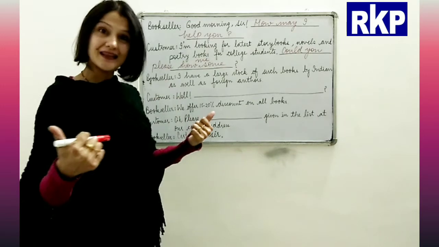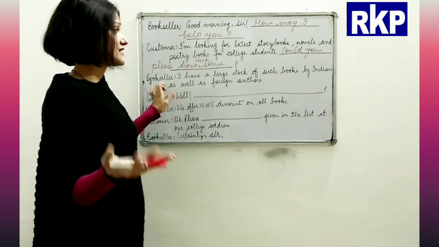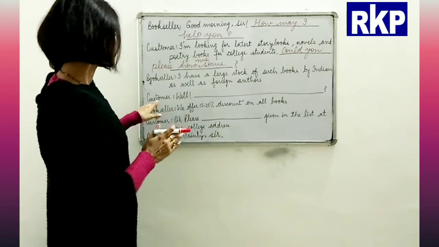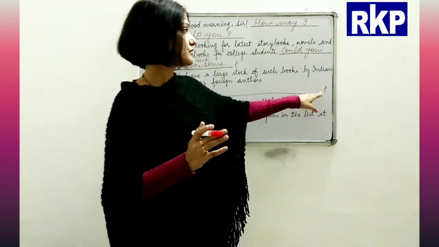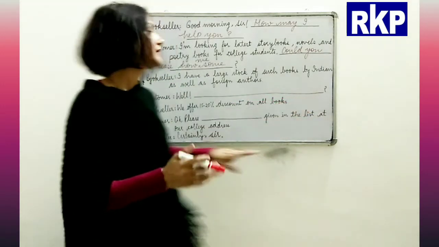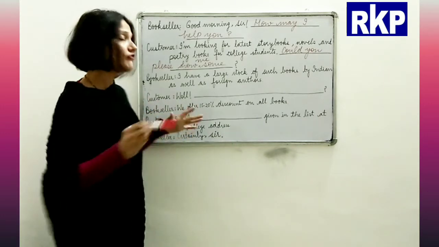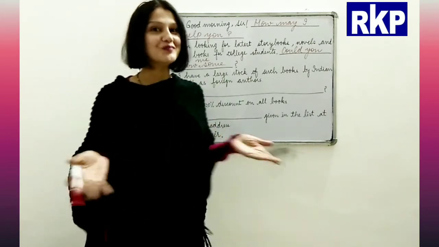Customer: well, okay. Now the bookseller has told that yes, he has a lot of such books. So now customer: well, dash, question mark. Now let's read the next dialogue here. Bookseller: we offer 15 to 20% discount on all books.